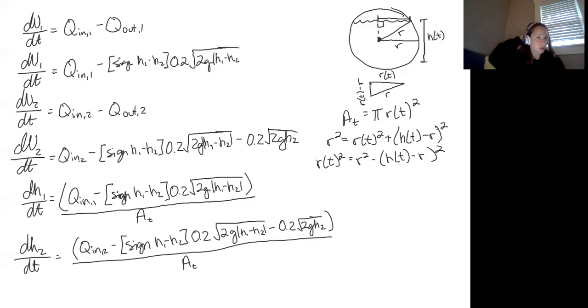And then we can plug that back into that cross-sectional area of the tank equation. So basically just multiply radius squared minus the height minus radius squared times pi. And that gives us our cross-sectional area.